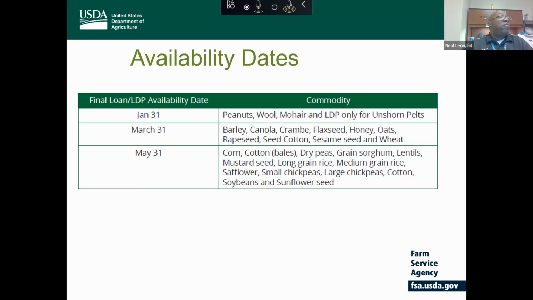This is important. Availability dates. We see January the 31st has already passed, but this March 31st here in Georgia, we're looking at wheat, really and truly.